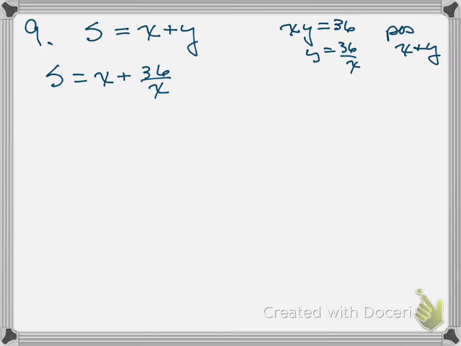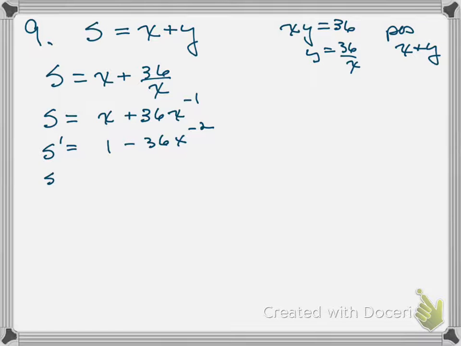I could do the quotient rule for the 36 over x when I take the derivative, but since my numerator is a constant, what I tend to do is just bring up the denominator as the -1 power. So now go ahead, in this form, you can take your derivative.